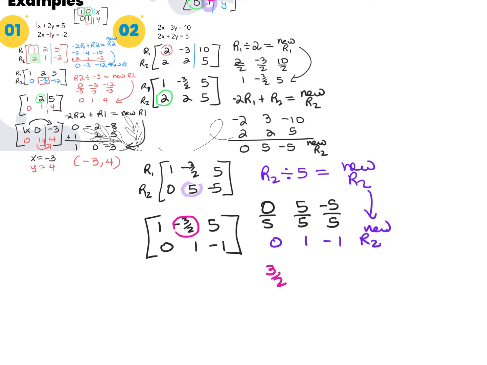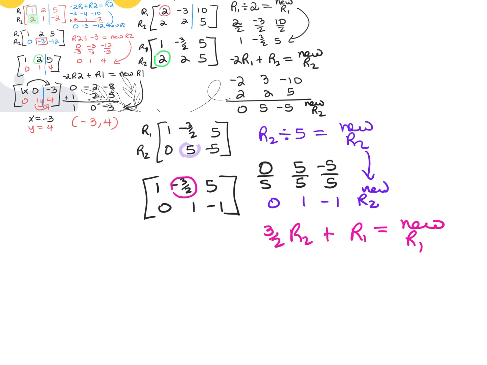So 3 halves times row 2 plus row 1 will give me my new row 1. So when I multiply row 2 by positive 3 halves, I get 0, 3 over 2, and negative 3 over 2. I'm going to add that to the current row 1, which is 1, negative 3 halves, and positive 5.